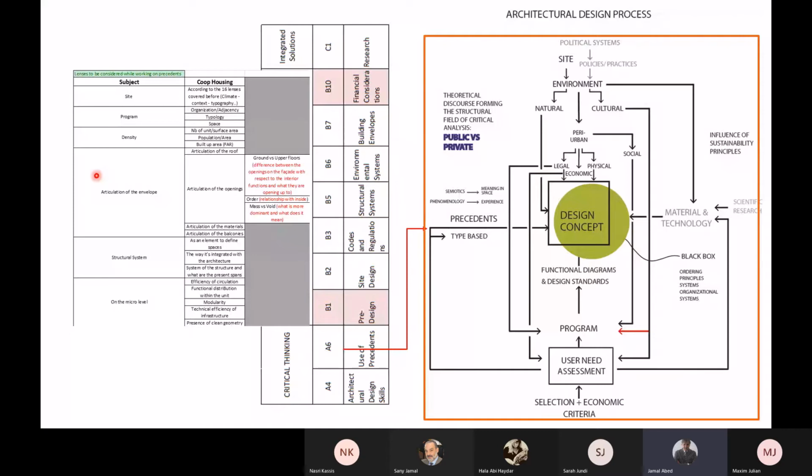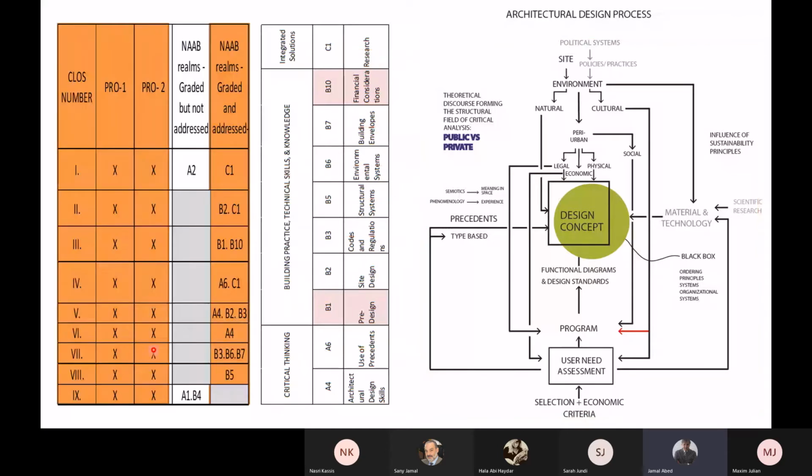So by the end of the day, we had around 45 different case studies looking into all what you see in front of you, not only site, but material and technology, the program, the typologies of densities, urban context, language, etc., modularity, vertical and horizontal circulation, you name it. Okay, so these were the different lenses that they were subjected to.